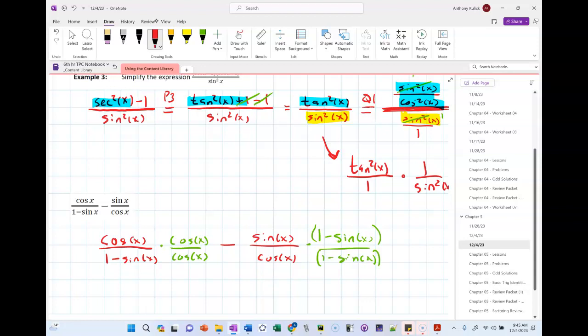So the least common denominator would just be the product of the two. It'd be the same thing as if you're doing 1/2 minus 1/3. The common denominator is going to be 6, 2 times 3, because there's nothing in common between them. So that's us making the common denominators, right? And everybody okay with how I did that?